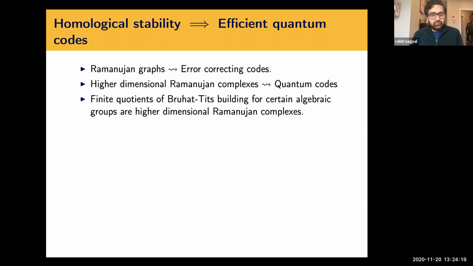As we have seen for Ramanujan graphs, you can construct Ramanujan complexes by taking finite quotients of Bruhat-Tits buildings for certain algebraic groups, right?